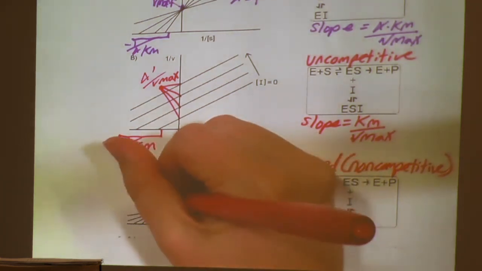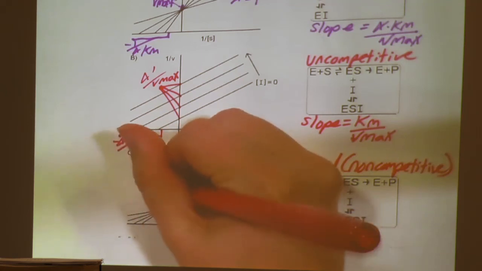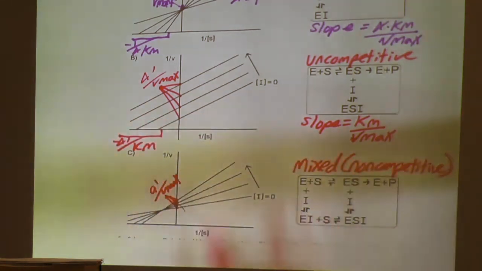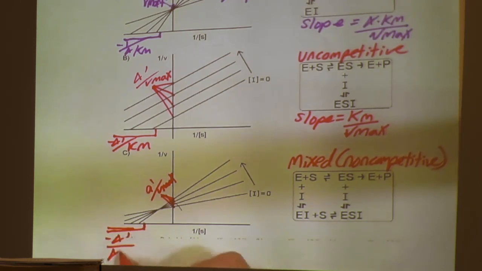Yeah, it's alpha prime over Vmax. All right, what's your x-intercept called? It's negative alpha prime over alpha Km. I forgot to give you alpha prime numbers. We'll go back to that one.